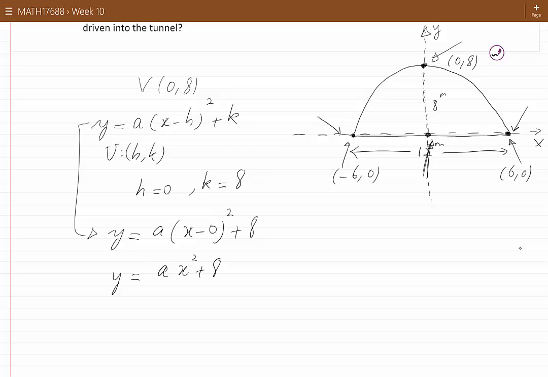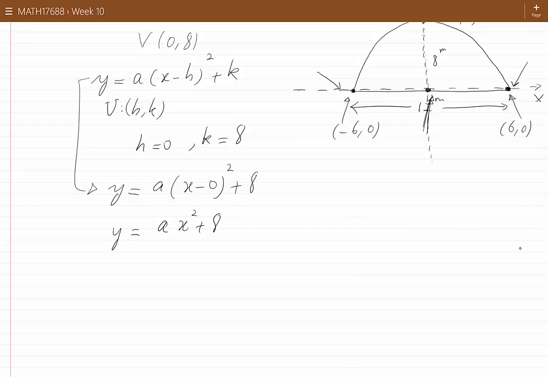We note that the value of a is yet unknown. We need to find the value of a in order to have the equation for the parabola. To find it, we make use of the knowledge that the point 6 and 0, or the point -6 and 0, is on the parabola. We can use either of these points and we would get the same result. 6 and 0 is on the parabola.